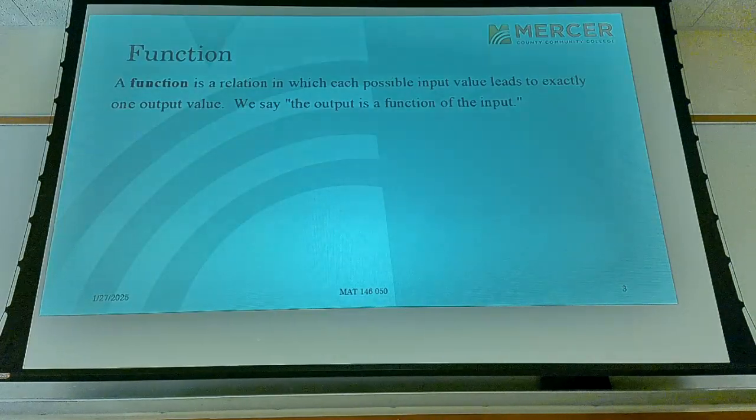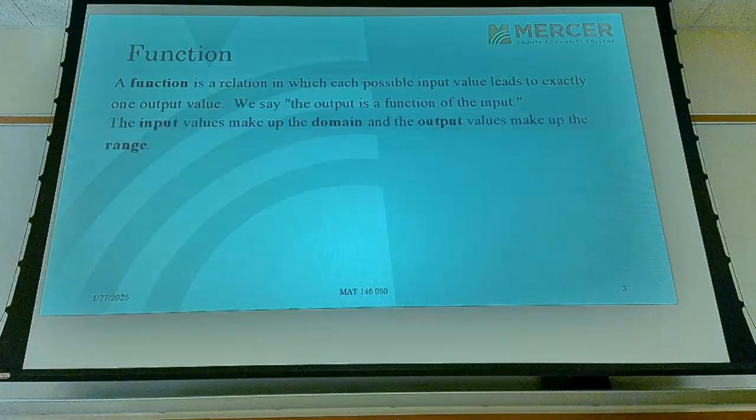As long as each input only goes to one, it is a function. Input would be the domain.